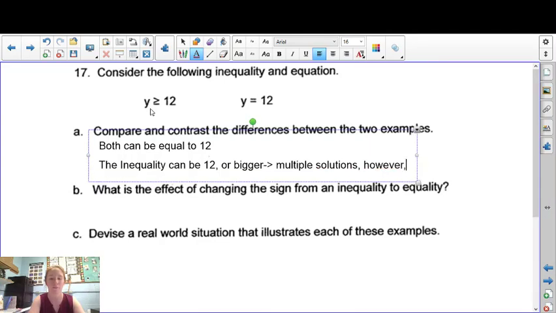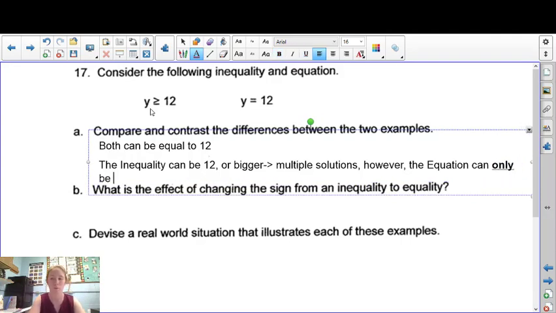However, the equation can only be equal to 12.